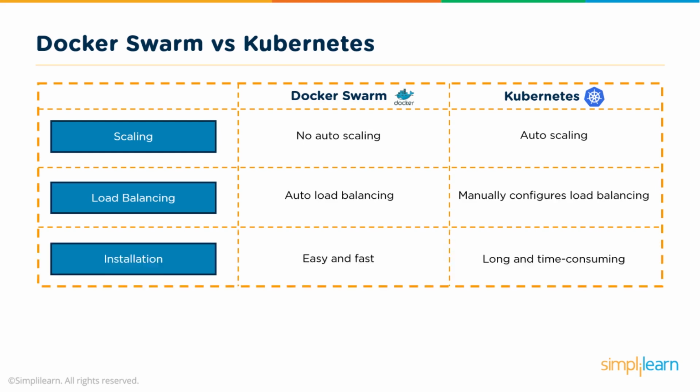The installation for Docker Swarm is really fast and easy. I mean, you can be up and running within minutes. Kubernetes takes a little bit more time and is a little bit more complicated. Eventually you'll get there. It's not like it's going to take you days and weeks, but when you compare the two, Docker Swarm is much easier to get up and running.